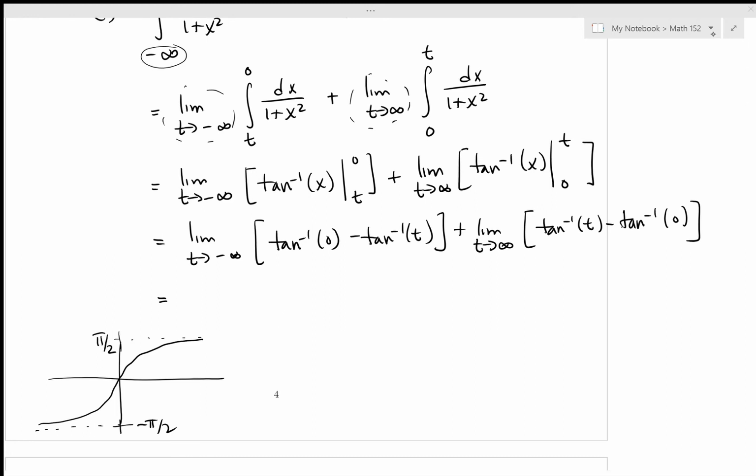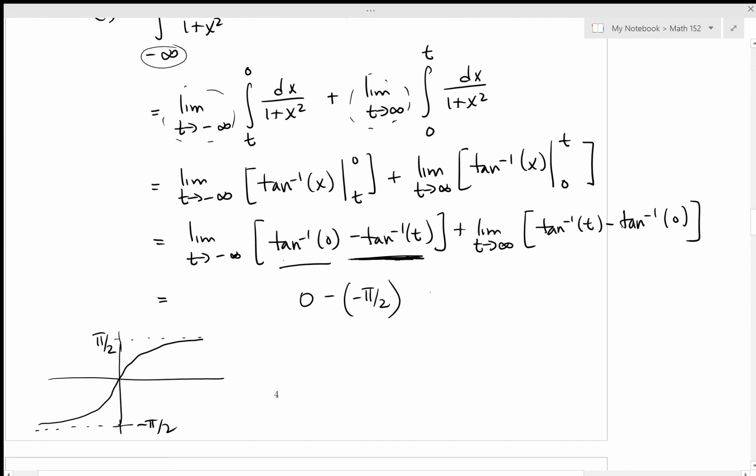Oops, let's get rid of that. The arctangent of 0 is 0. And now I'm taking this limit as t approaches minus infinity on the arctangent, and this is going to be minus pi by 2.